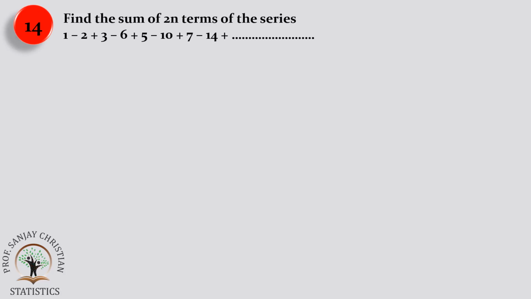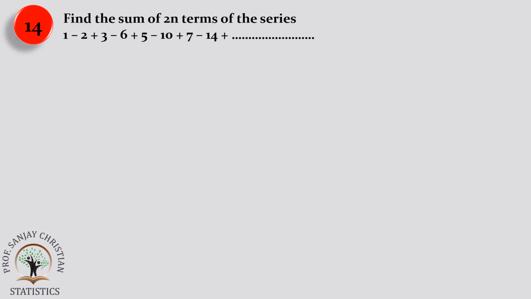Let us see example 14, and it is find the sum of two n terms of the series. The series which is given is 1 minus 2 plus 3 minus 6 plus 5 minus 10 plus 7 minus 14 plus so on.